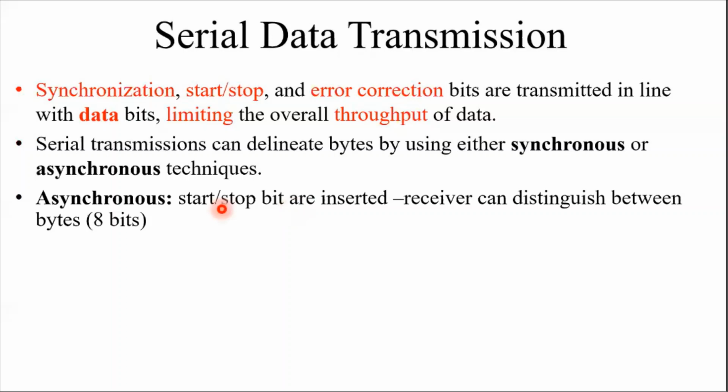These bits are inserted with the actual data or byte, which helps the receiver to distinguish. By looking at the start and stop bit, the receiver will know that that is the ending of the byte or frame or the starting of the byte. So it helps in distinguishing between the frames or bytes.